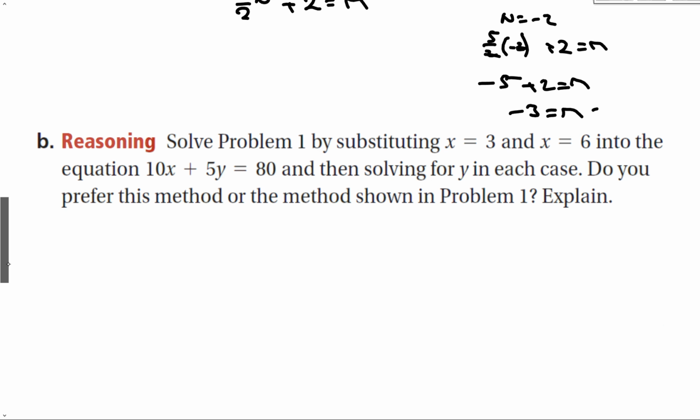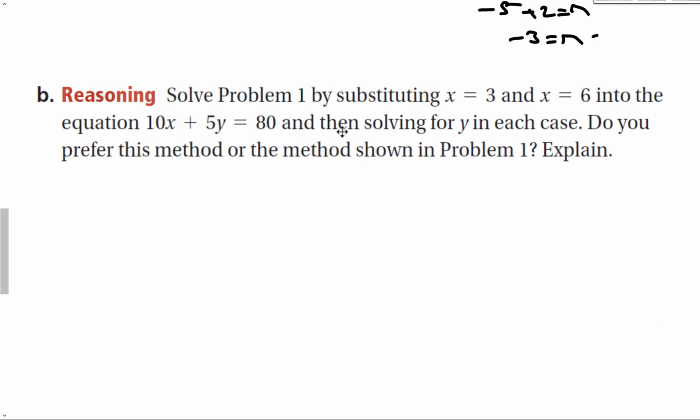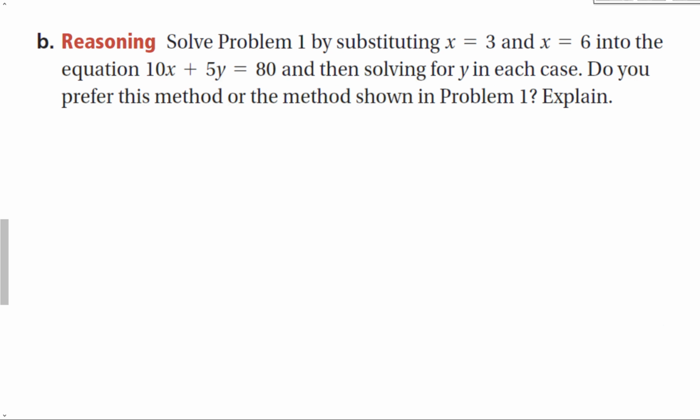Now, you're probably thinking from this question that I had sort of been moving down a little bit, you're probably thinking, well, why do I need to do all that? Why can't I just plug in 3 and 6 into my original equation from the top one and just solve that? You can.